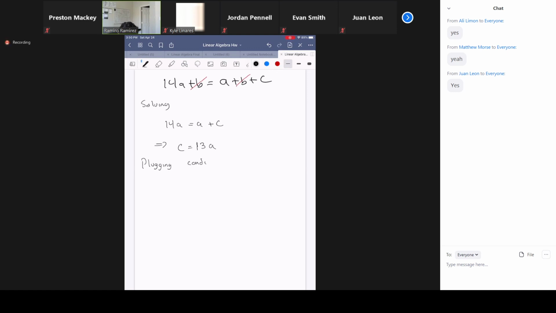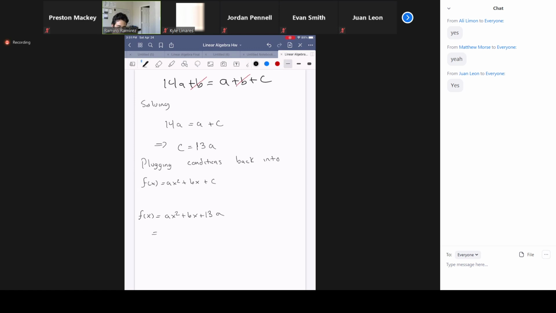So plugging these conditions back into f of x equals ax squared plus bx plus c, we get f of x equals ax squared plus bx plus 13a.